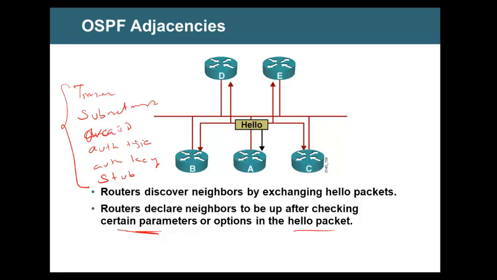I won't accept the update sent by Co, and Co won't accept the update sent by me, because I'm using the same name. Co says, why should I accept my own update? It will cause an unnecessary loop. So router ID must not match. Router ID needs to be unique.